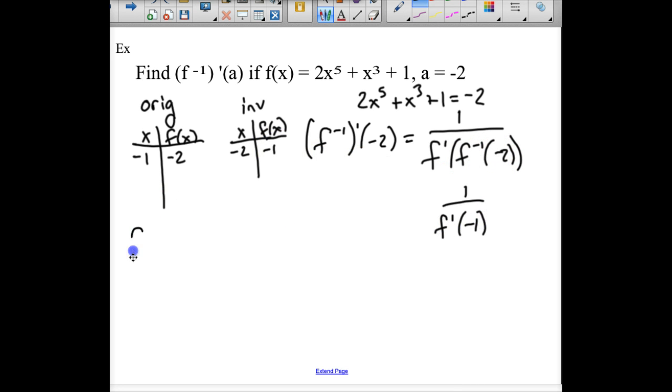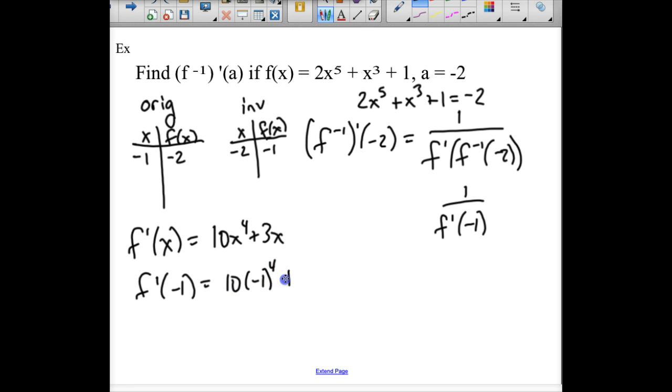So I take the derivative of the original function, 10x to the 4th plus 3x squared, plug in -1, so you get 10 times -1 to the 4th, 3 times -1. So that's 7. So we have 1 over 7.